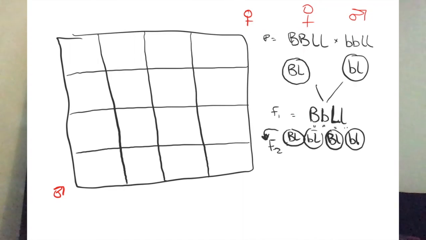And we can assume that both our male and our female for this cross are going to be heterozygous and producing these gametes. So for the female, I would write the first gamete, the second gamete, the third gamete, and the fourth gamete. And I'm going to do the same for the male, going down.